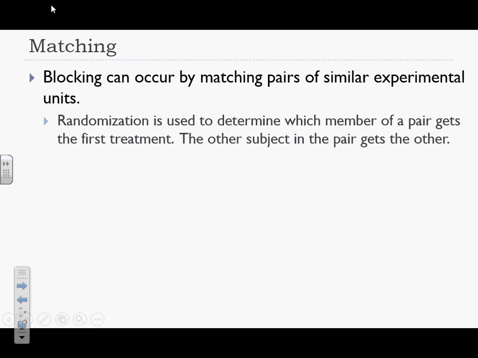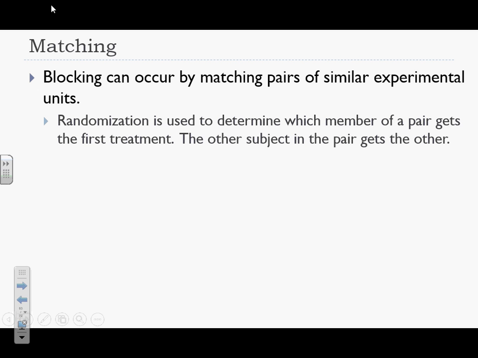So the blocking is going to happen by matching pairs of similar experimental units. What that means is you're going to take your overall group of subjects or experimental units, and you're going to try to pair them off into similar pairs.